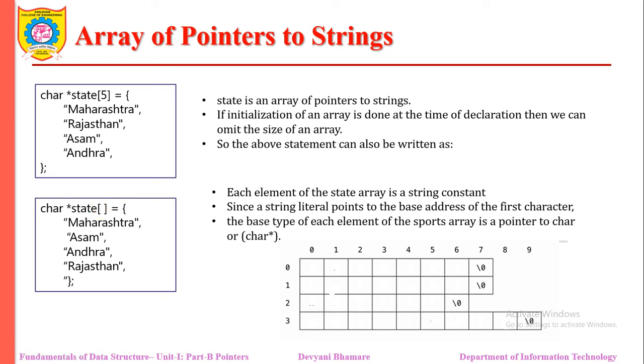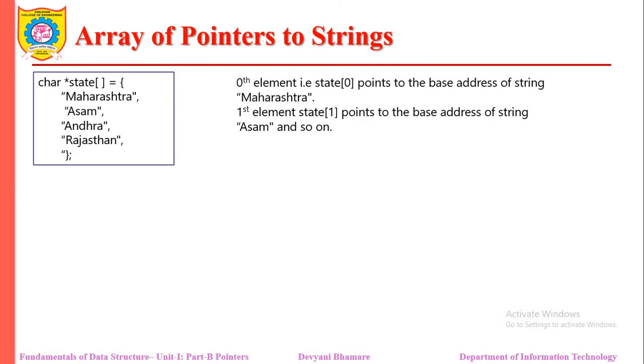So this can be represented in memory. State of 0 is a pointer to the first string, that is Maharashtra. The pointer is pointing to the base address of the first character. Here, char star state is an array of pointers of type character.